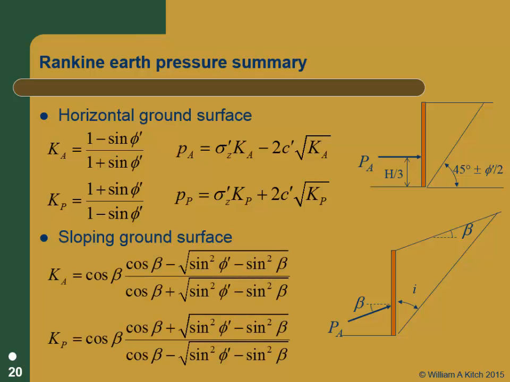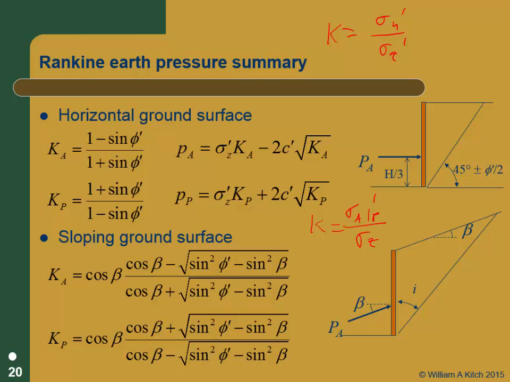is that when there's a sloping ground surface, we always told you that K was equal to sigma h prime over sigma z prime, right? It's the ratio of the horizontal to vertical stress. Not really. That may be the philosophical definition of K, but mathematically, in both Coulomb and Rankine, K is the ratio of sigma A or P, whichever one it is, over sigma z.